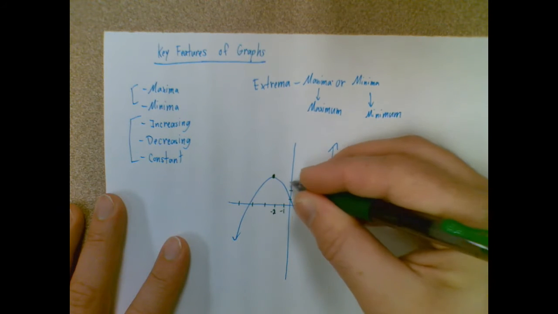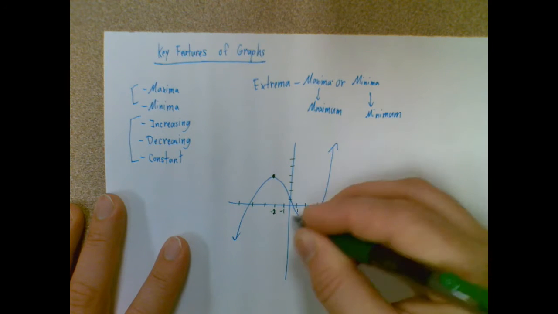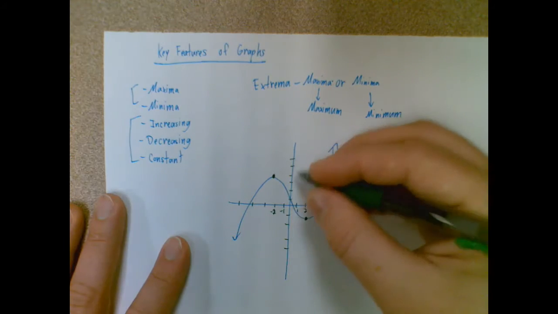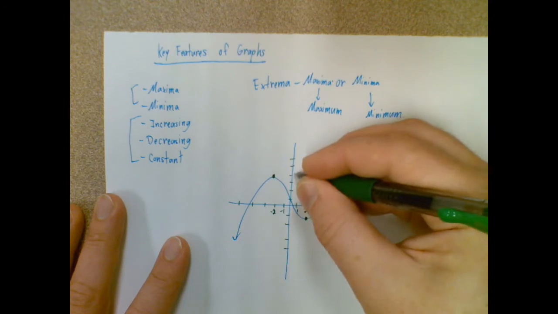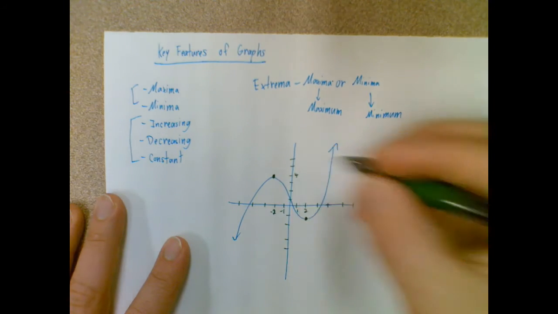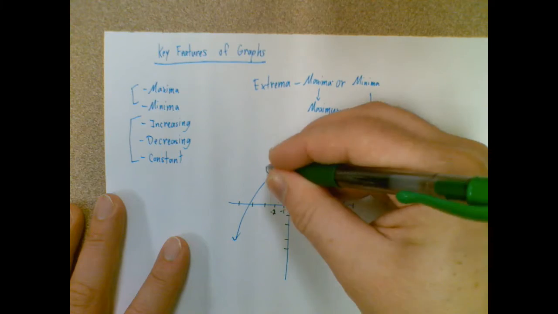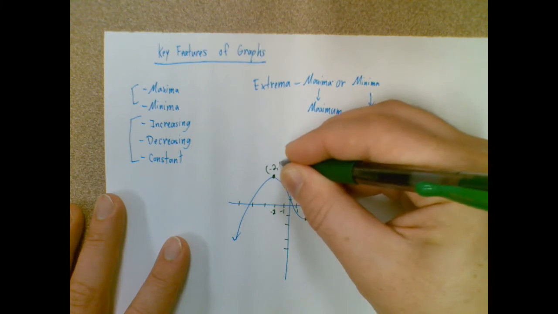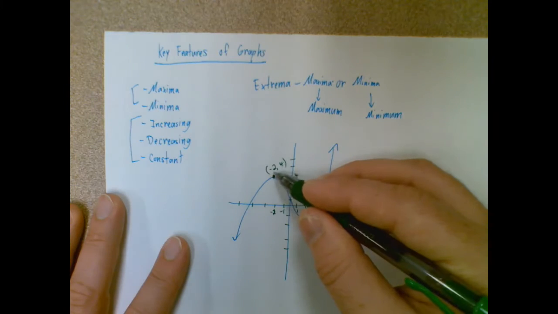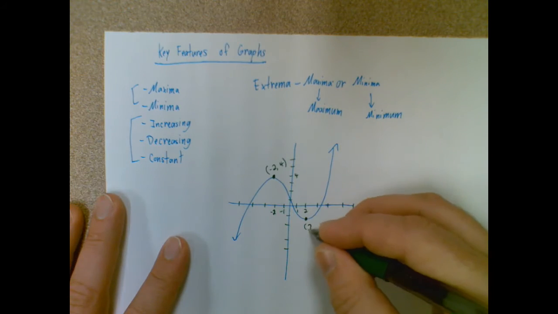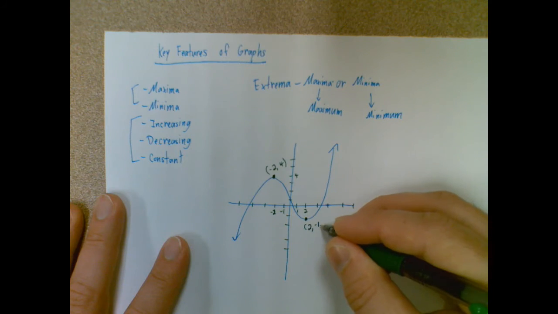If they ask what the maximum value is, or the minimum value, that's the y-coordinate. So in this case, the maximum value would be 4, and the minimum value is about -1.5. If I have these coordinates, I can get both of those pretty quickly. So the maximum is located at -2 with a value of 4, and our minimum is located at 2 with a value of -1.5.